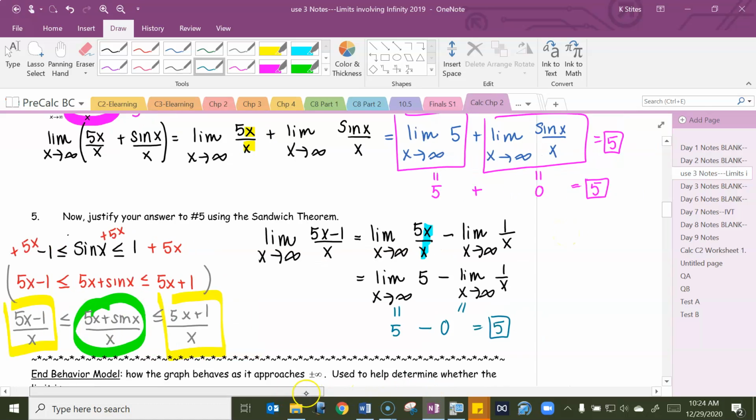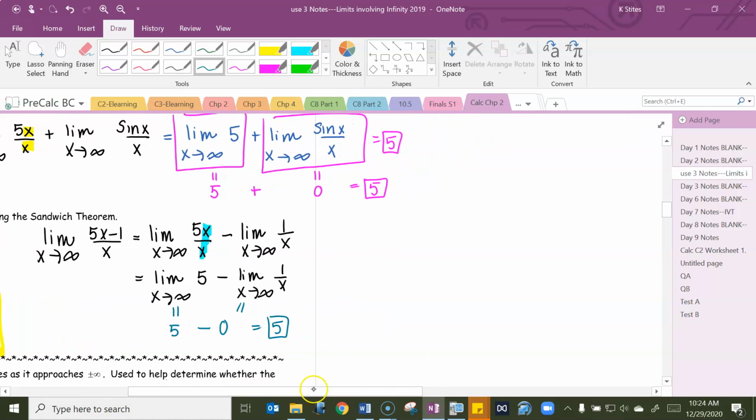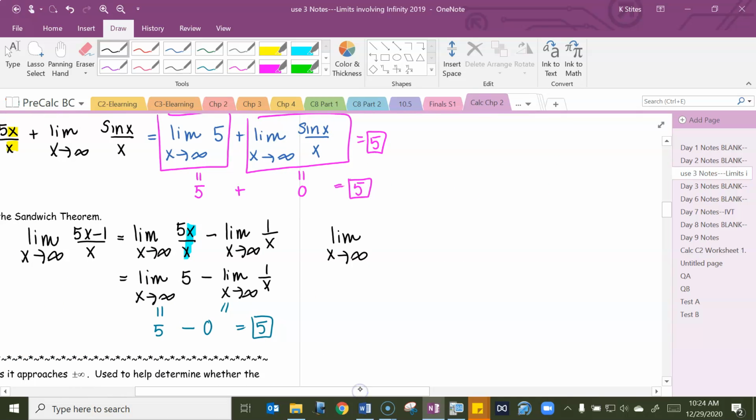Okay. Now we do have to do this again with 5x plus 1 over x. So yes, this does take a little longer. And I have run out of room, so I'm going to come over here. So it's the same thing just with the plus. All right, so again, we can split our limit and our fraction: 5x over x plus the limit as x approaches infinity of 1 over x.